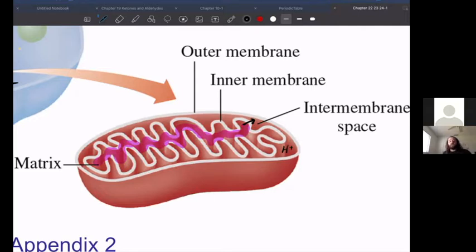So the intermembrane space, this region here that I'm going to color in yellow, is really acidic, because we have these different enzymes that are pumping protons across that inner membrane. And what that's going to do is create a gradient where there are more protons outside that membrane than there are inside, and they want to flow back to the middle of that mitochondria. Okay.